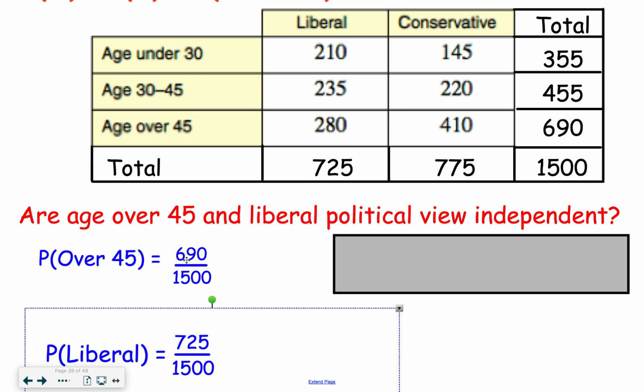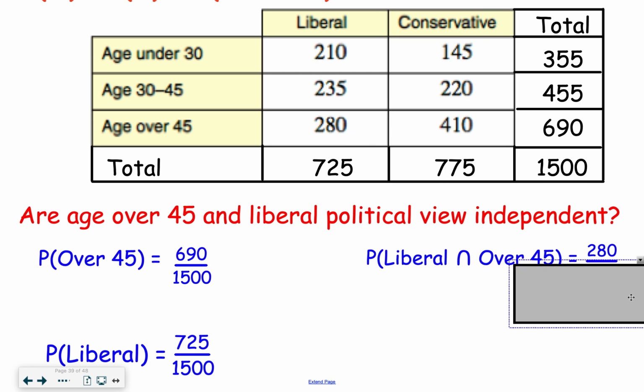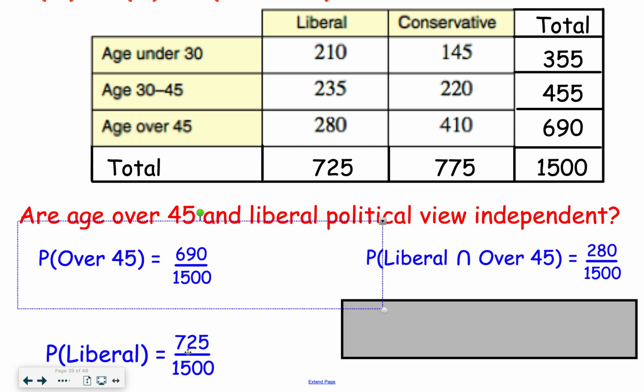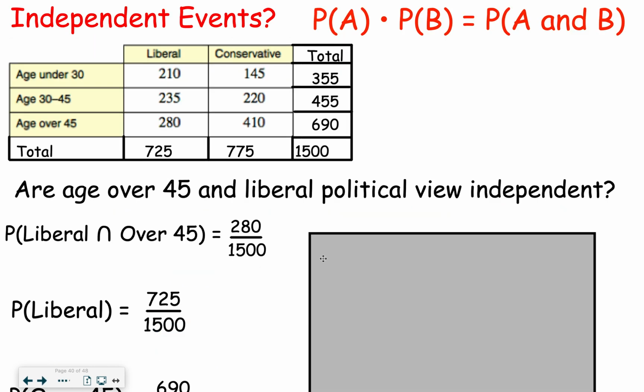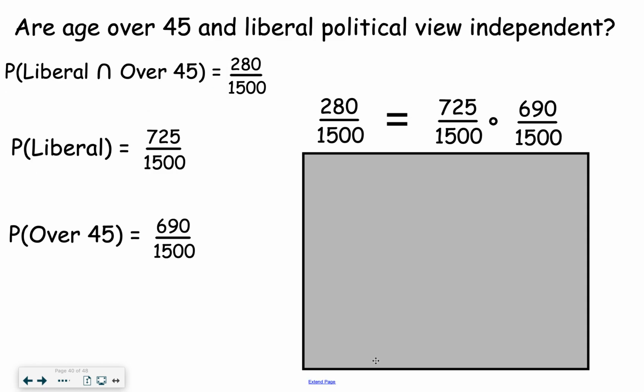Now we just did this on one of the previous slides, but again, "and" means they overlap. So that's going to be the 280 out of the 1500. So if I move this, just to remind you, that's the intersection, right? So I want to show that this times this equals this. Okay, so if I set up the math, it would look exactly like this, right?